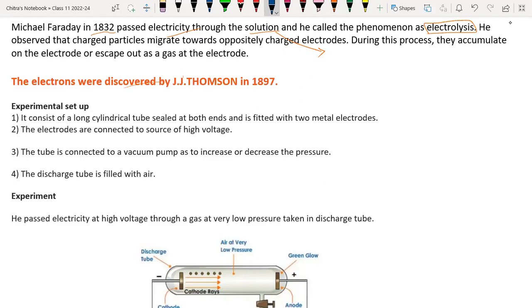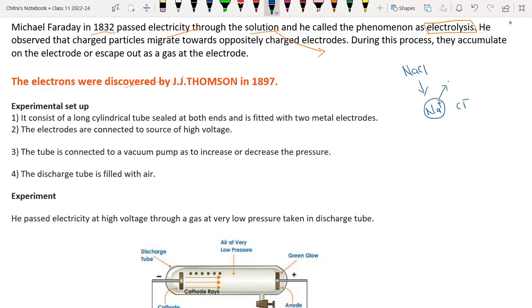Somewhere deposition of material takes place and somewhere gases are released. As we discussed yesterday, suppose we are performing electrolysis of NaCl, sodium chloride. Okay, so NaCl in molten condition will be present as Na+ and Cl-.